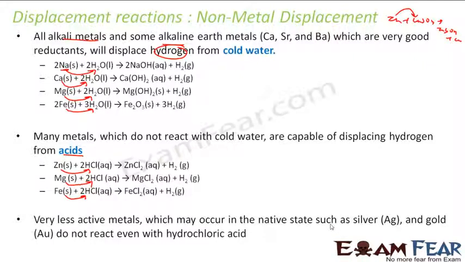So not every metal can kick out hydrogen from water, and not every metal can kick out hydrogen from acids. There are some metals that can't kick out hydrogen from either acids or water. When I say non-metal displacement, it doesn't mean a non-metal is displacing a non-metal. A metal can also displace a non-metal, as in most of these examples.